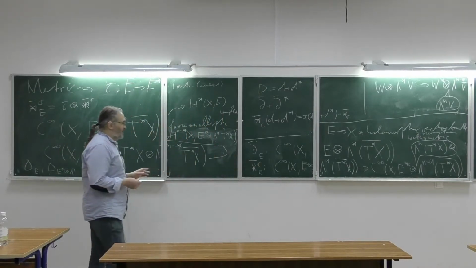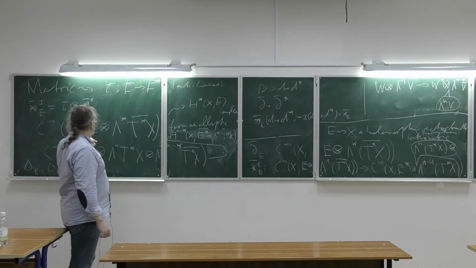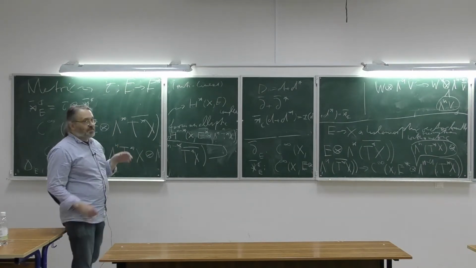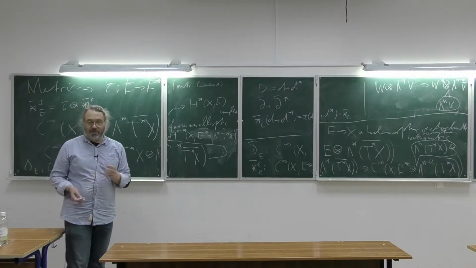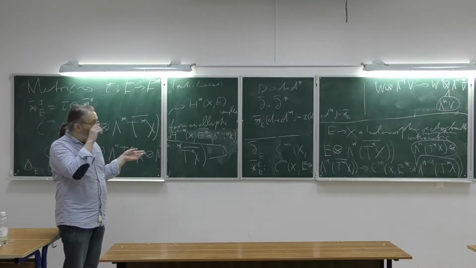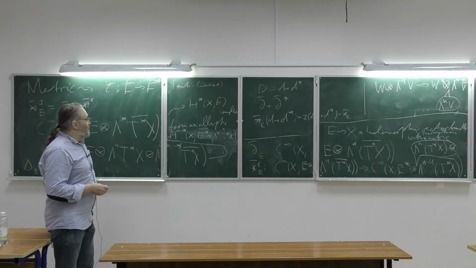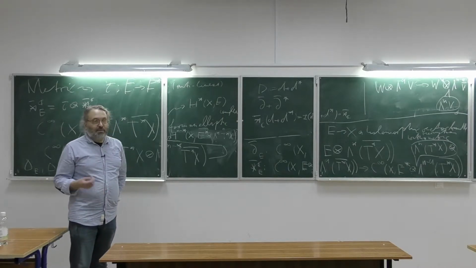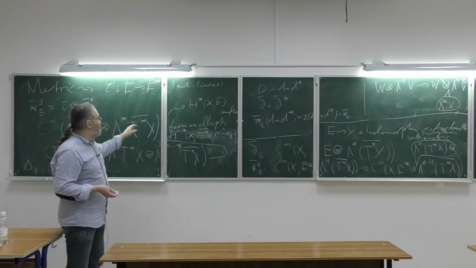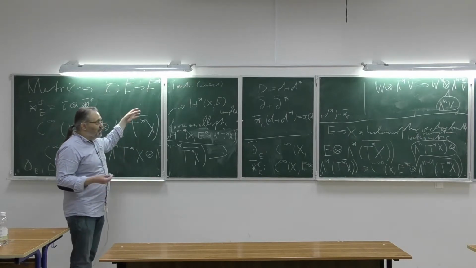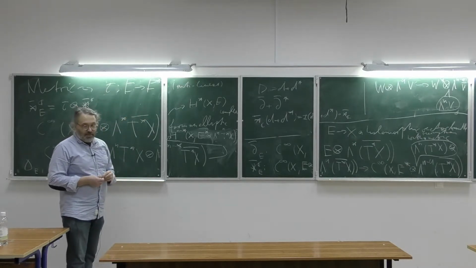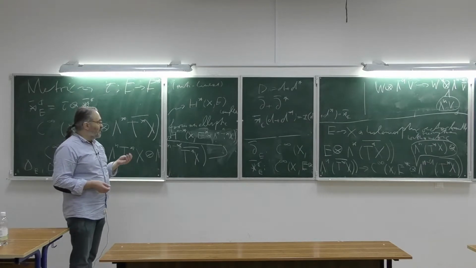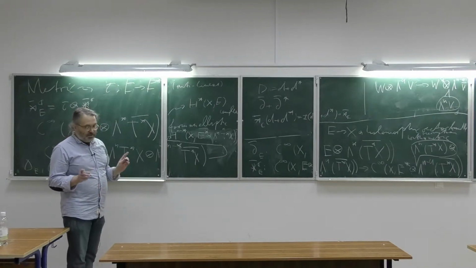Now, this isomorphism takes harmonic sections to harmonic sections, or harmonic elements to harmonic elements. Then the induced map between the spaces of harmonic elements is also an isomorphism. Let's think about this.